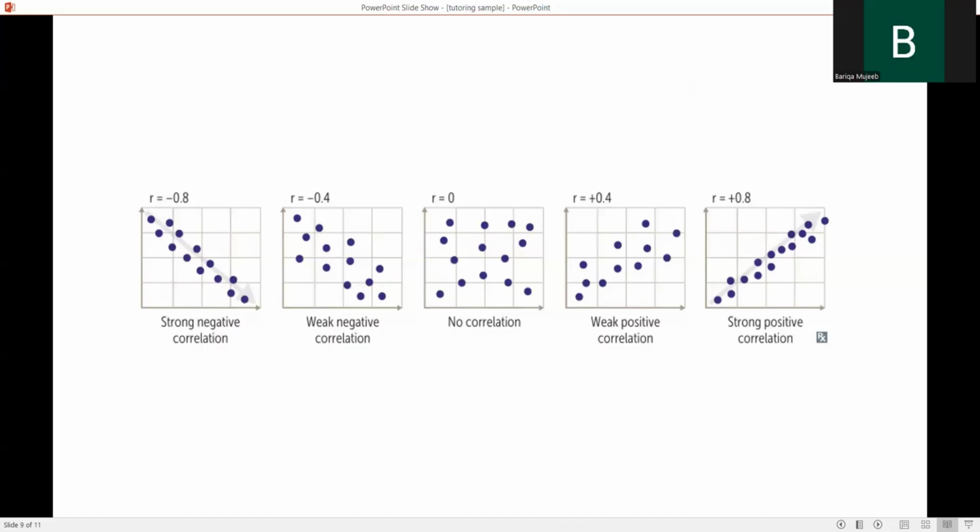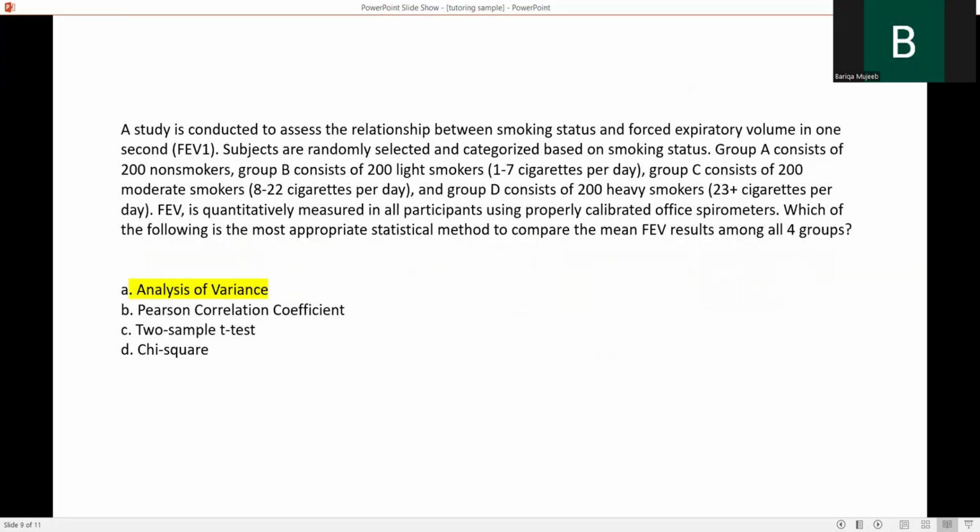And if there is no relationship between two variables, it will show a zero correlation, and our value will be 0. So in the study where we have four groups and the data has been quantitatively measured, the appropriate statistical method will be analysis of variance, our option A.